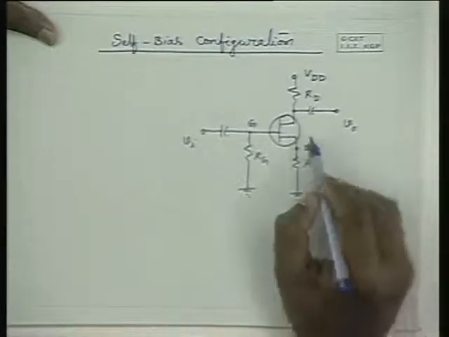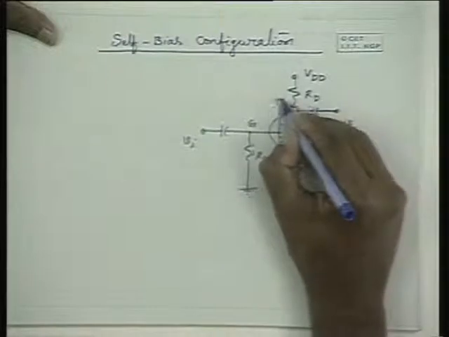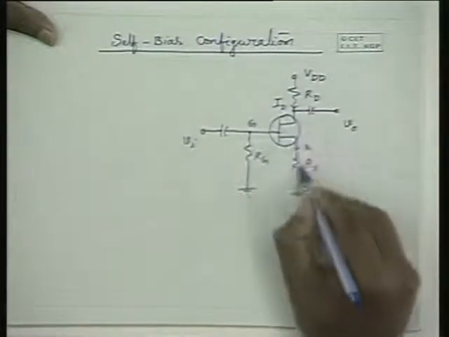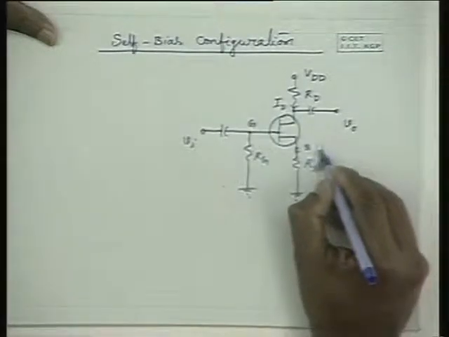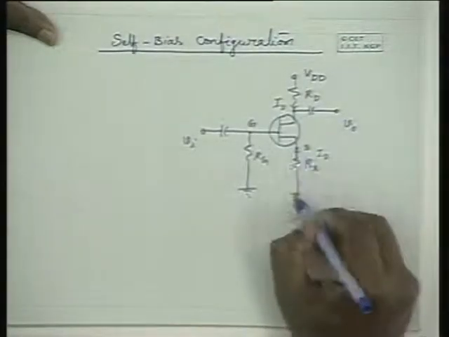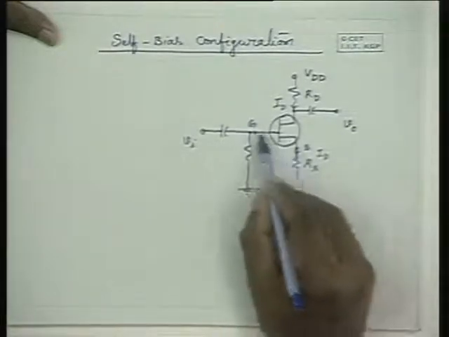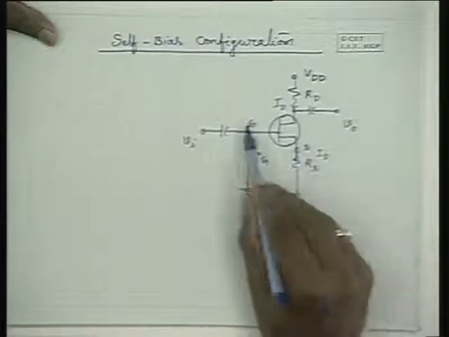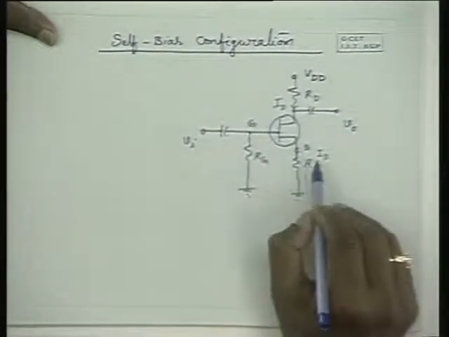RS is provided. Please note that this ID, the drain current, is equal to the source current. So you have ID flowing here also. ID into RS is the voltage drop here, and that voltage drop provides you the required gate to source reverse potential.